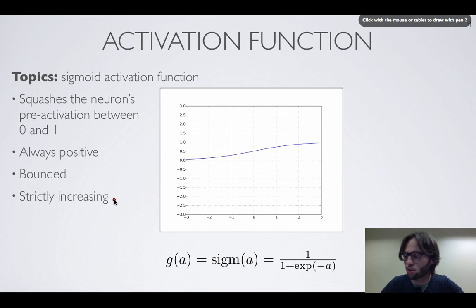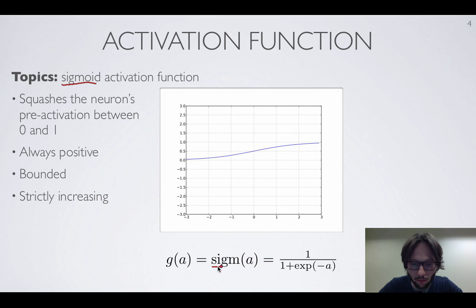A more interesting choice is the sigmoid activation function. So it takes this form, and we'll sometimes note it with the acronym SIGM for short. It simply takes the pre-activation and computes this formula here. So it's 1 over 1 plus the exponential of minus the pre-activation.